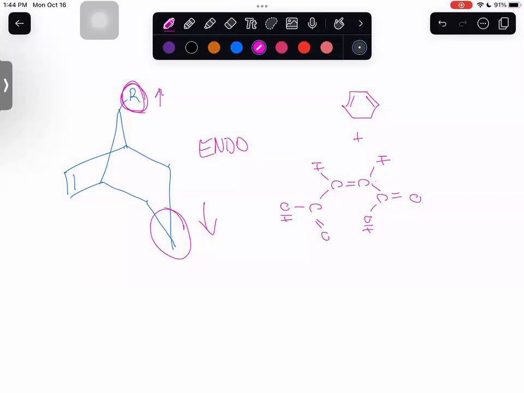Oh, yeah, okay, so is that an endo if it's any larger than the other?